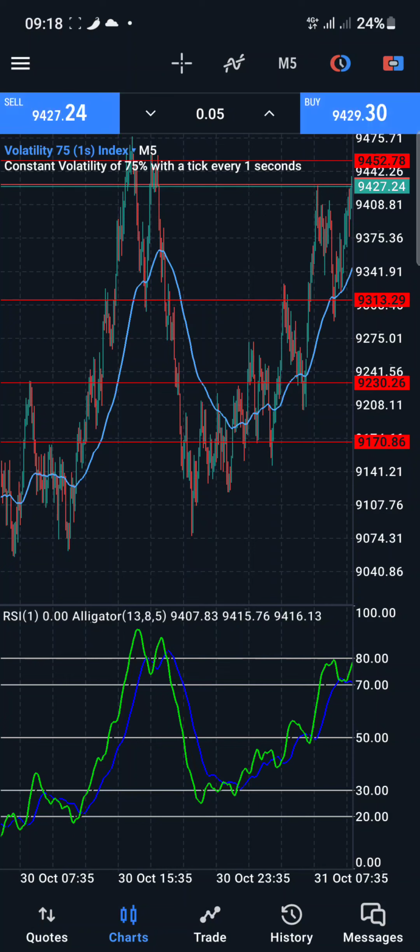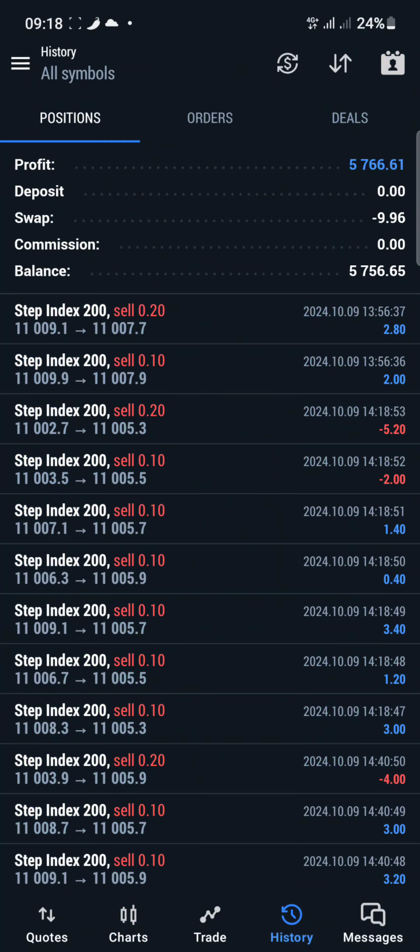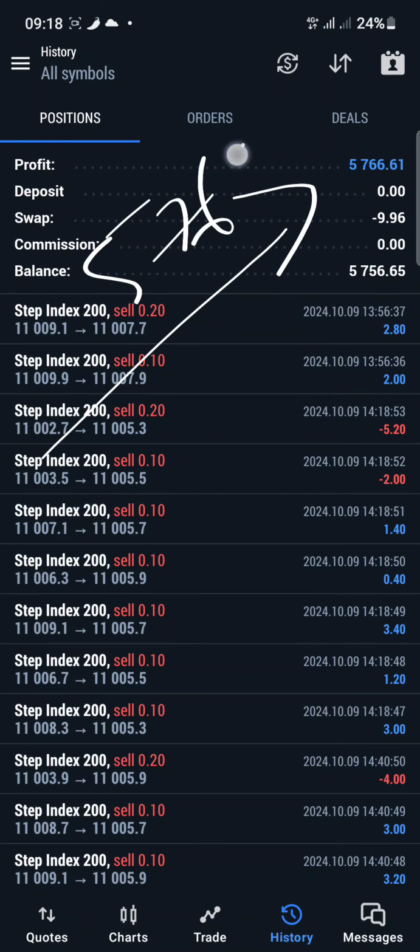But before I do that, guys, I also have people asking me about the performance of my trading bot, and I'm going to head on to the history side to show you the performance of the trading bot. It is an automated trading bot, and of course, if you should notice, check out this. $5,766 made already.